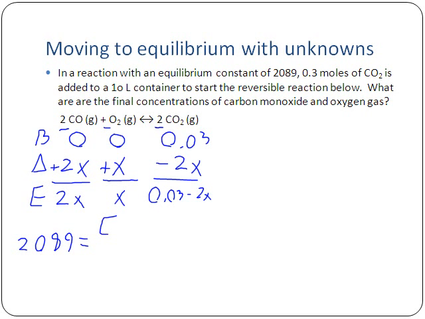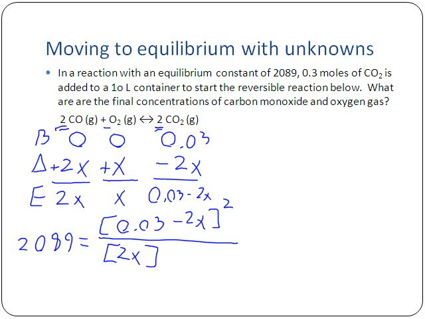On the right we have 0.03 minus 2x raised to the coefficient, which is 2, second power, divided by the things on the bottom, which are carbon monoxide, which has a concentration at equilibrium of 2x, but since its coefficient is 2, it'll be 2x squared. And then the oxygen has a concentration of x.